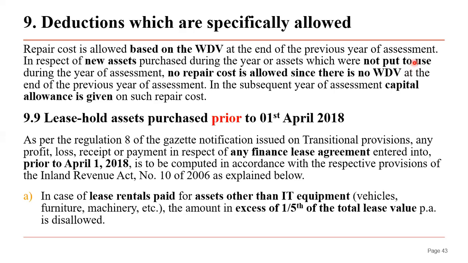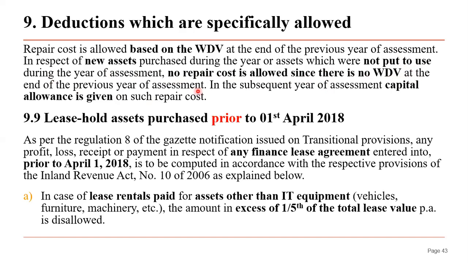If they did not use during the year of assessment, no repair cost is allowed. That means if there is no WDV, no repair cost allowed, since there is no WDV, right?